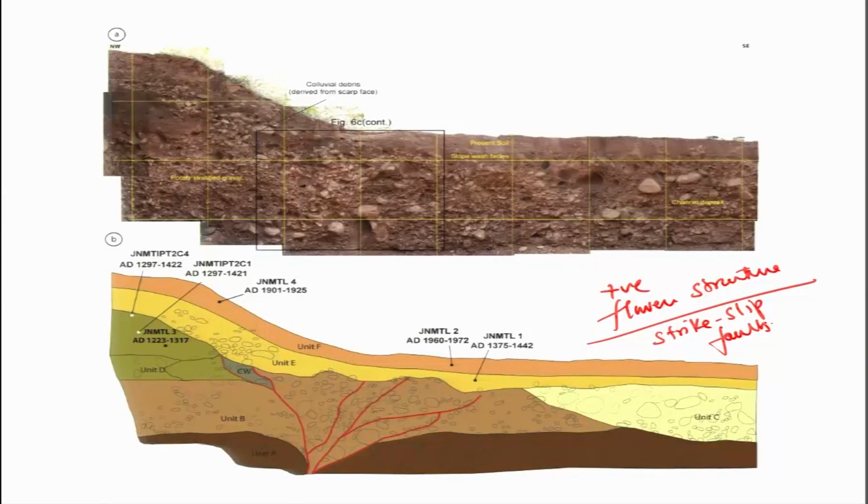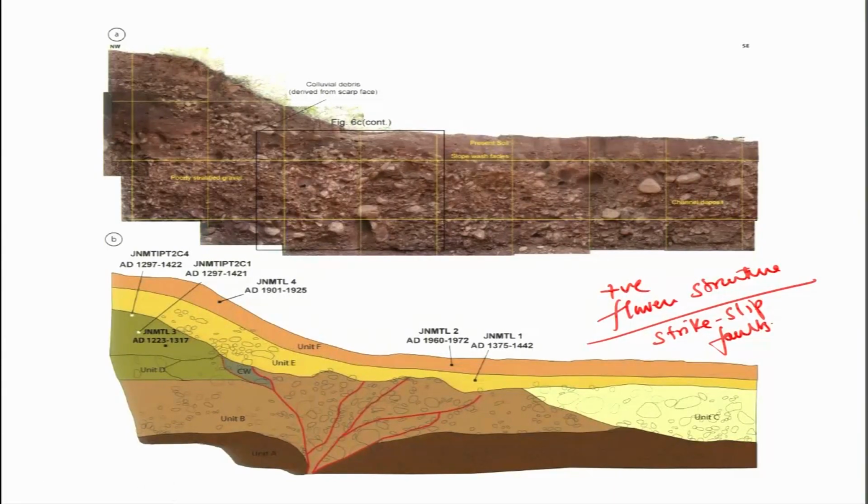The positive flower structure means these are all popped up. Okay. So this has gone up, this has gone up like that. So this is a very typical positive flower structure developed because of the right lateral movement and also the reverse component which has been seen.